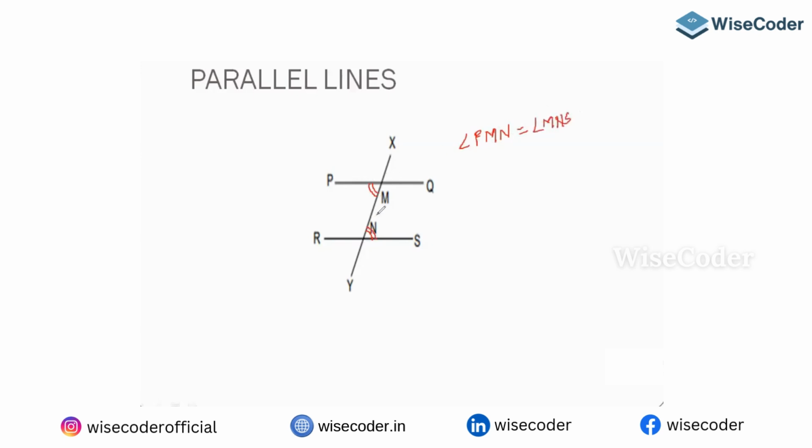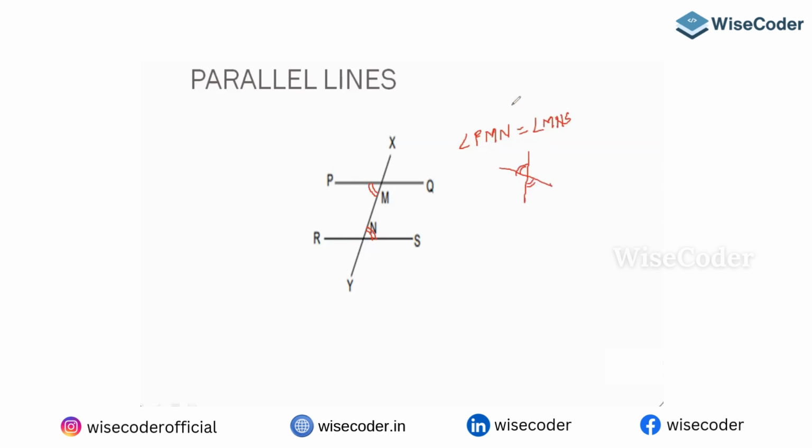So these two angles we call alternate angles. The Z angle we call alternate angles. On the same note, because it is a plane, whatever angle you can see here, the same angle will come here.